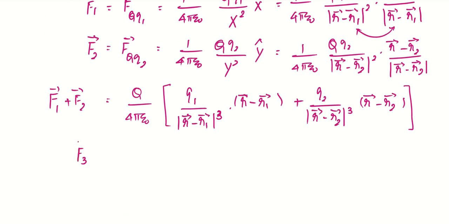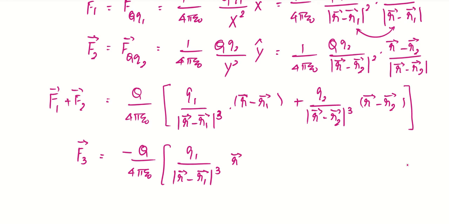F3 vector is equal to minus Q divided by 4 pi epsilon naught, times the same thing again: Q1 divided by modulus of R vector minus R1 vector cube, times R vector minus R1 vector, plus Q2 divided by modulus of R vector minus R2 vector cube, times R vector minus R2 vector.